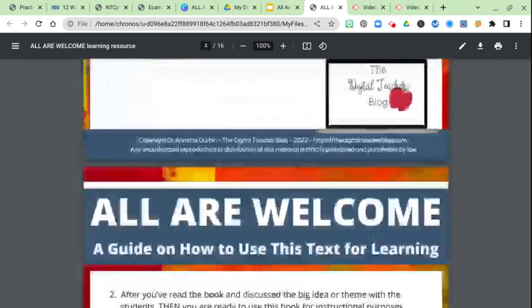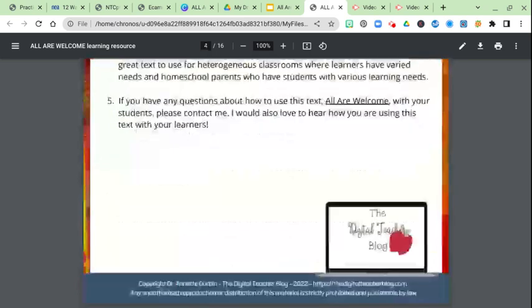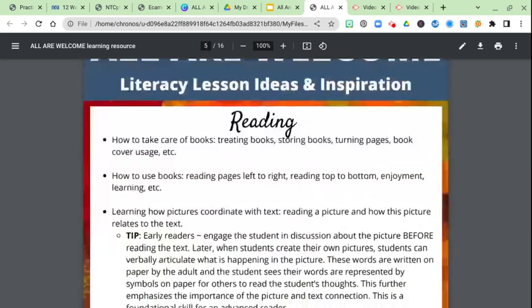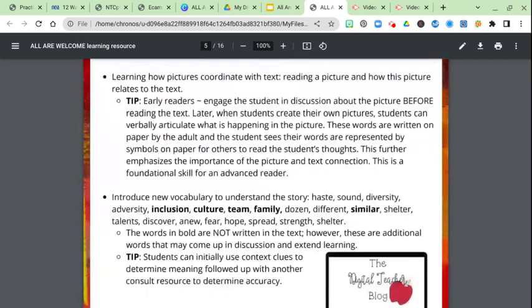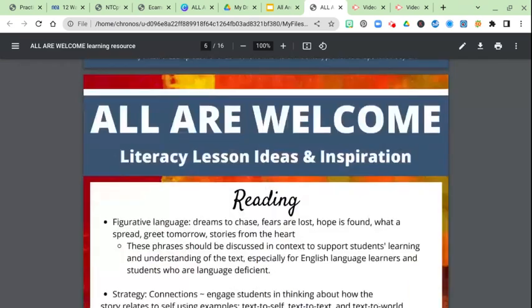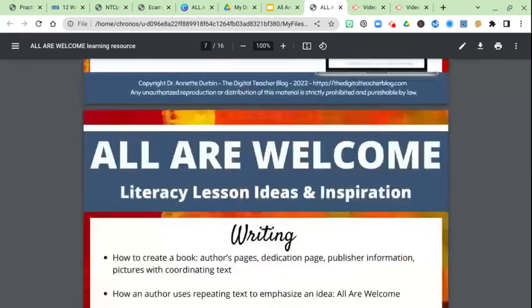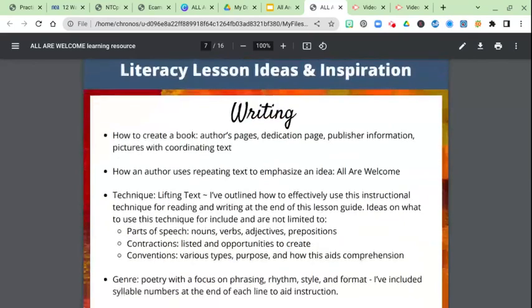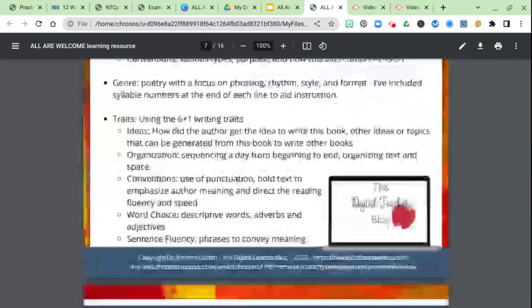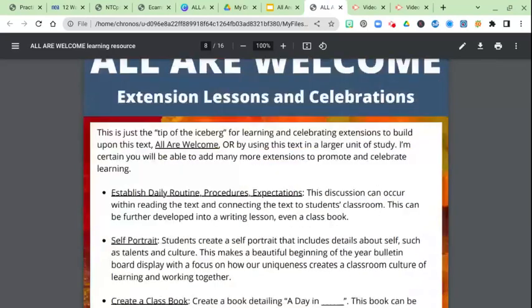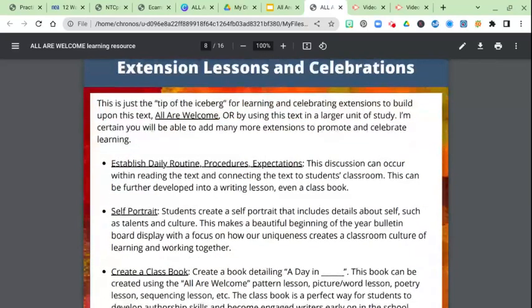And I have some special tips sprinkled throughout the resource guide. Here you'll see that there are a variety of reading lessons that you could use with some tips and some more reading lesson ideas, as well as some writing lesson ideas that you could use to support the learners in your classroom. Here I have some extension lessons and celebration ideas.